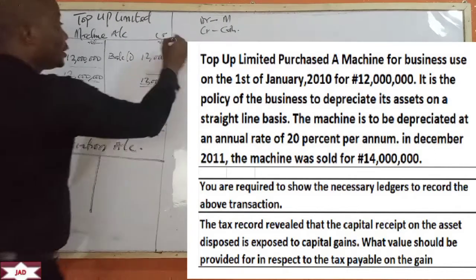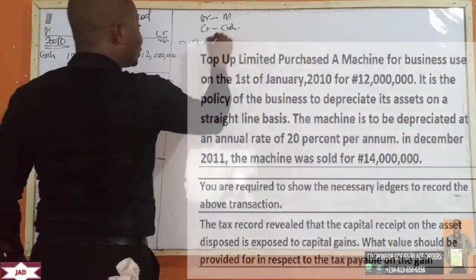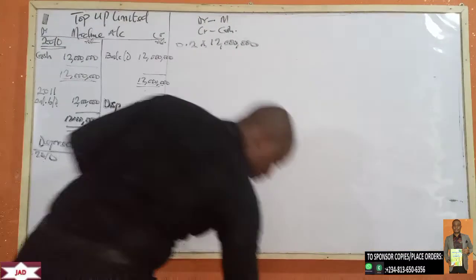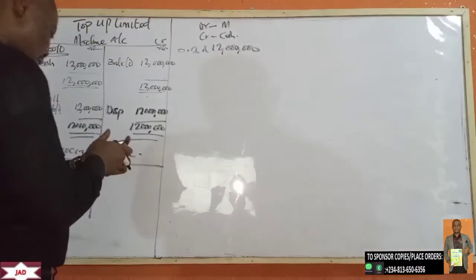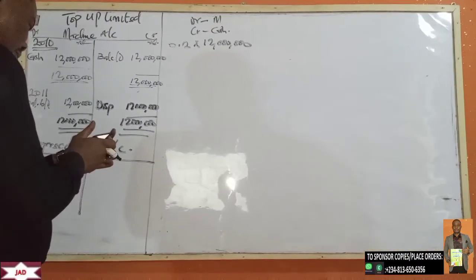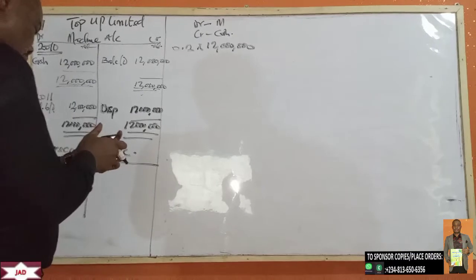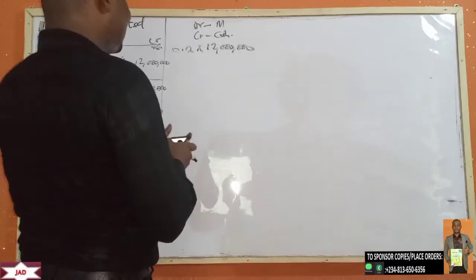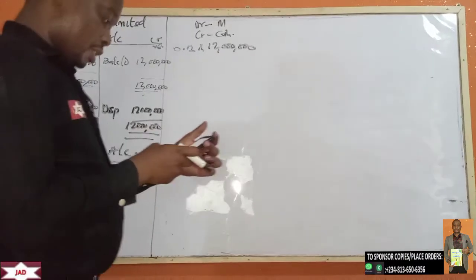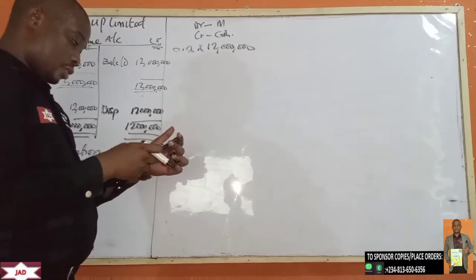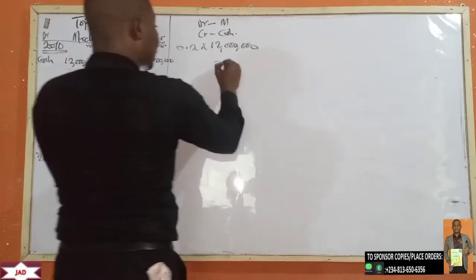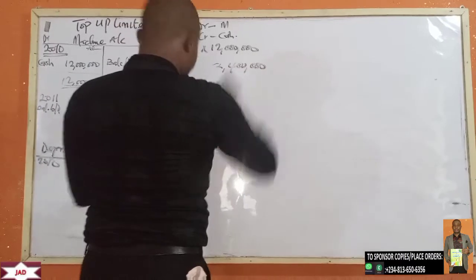That will be 0.2 times 12 million. So 0.2 times 12, 1, 2, 3, 4, 5, 6. That's 2,400,000.